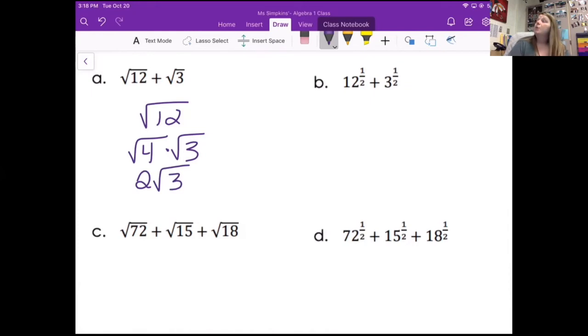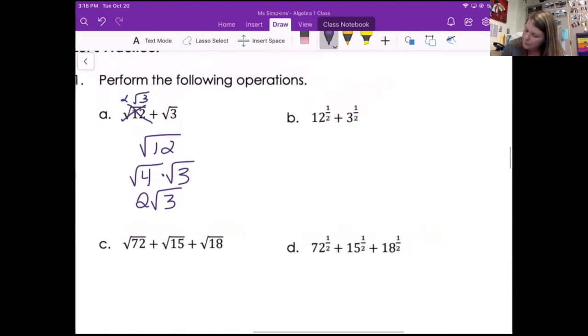Okay. So now I'm going to change the square root of 12 to 2 square root of 3. Now I have a question. Do they now have the same number underneath the square root? Yeah, they both have a 3. So we're allowed to add them together. We're going to add together whatever number's in front of the square root symbol. This is a 2.